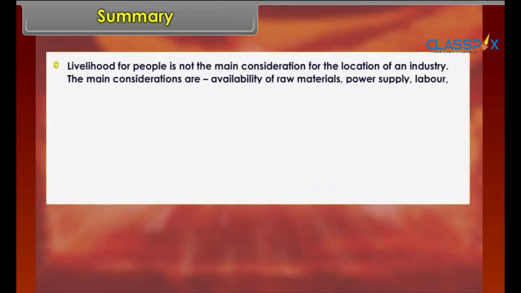Livelihood for people is not the main consideration for the location of an industry. The main considerations are availability of raw materials, power supply, labor, transport, capital investment, market and water supply.